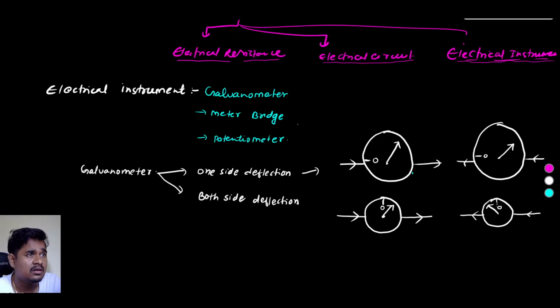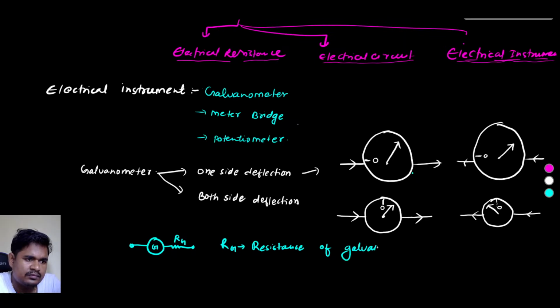Now, what does a galvanometer have basically? The symbol of galvanometer that we use is G, and it is attached with a small resistance Rg, where Rg is the resistance of the galvanometer.